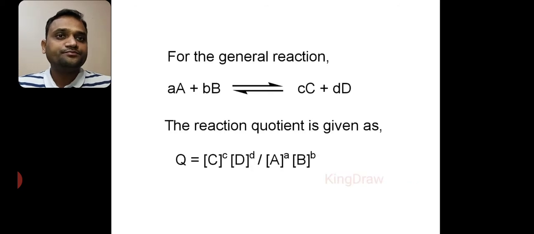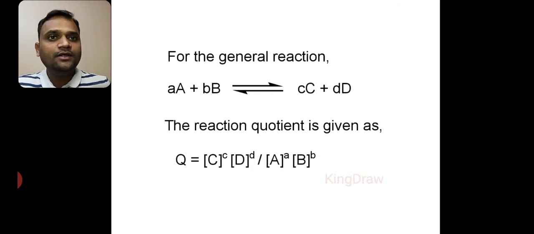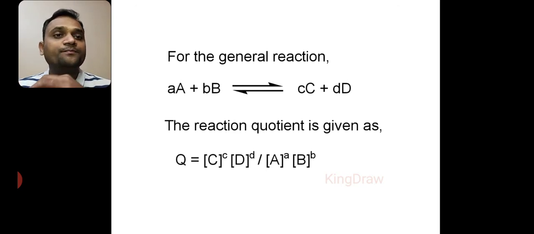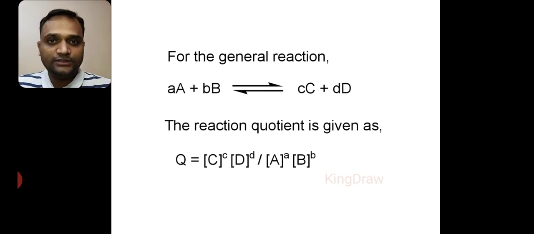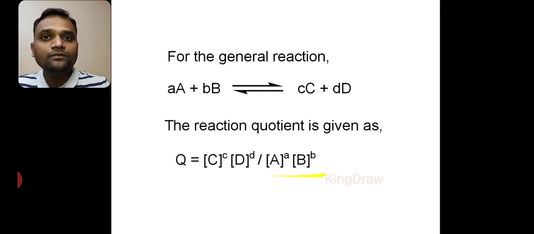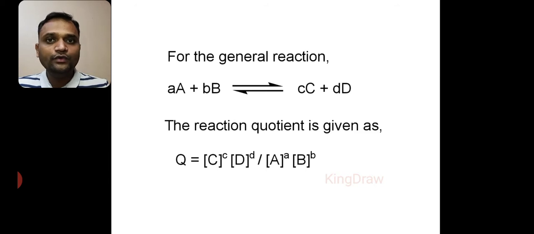Now for the general reaction, suppose you consider a reaction aA plus bB gives cC plus dD. We have discussed this reaction in previous lectures many times. For this reaction, the reaction quotient is given by Q is equal to C raised to c into D raised to d upon A raised to a into B raised to b.